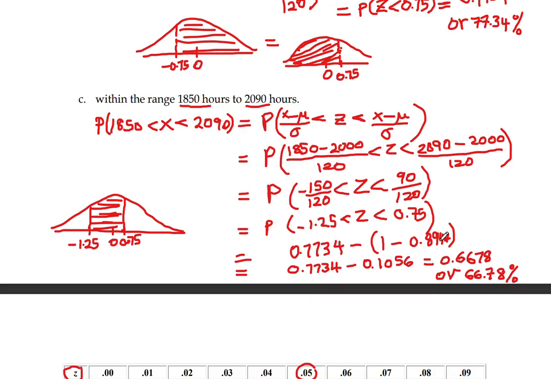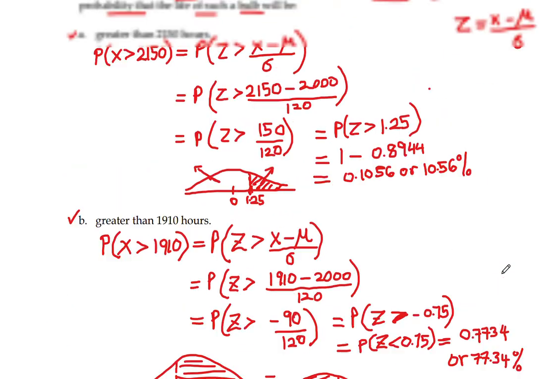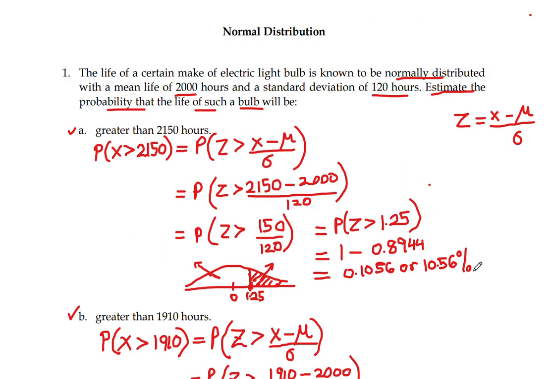So then we subtracted 0.8944 from 1, which gave us 0.1056, and then we subtract that from 0.7734, which gives us 66.78%. And so what we've looked at here are 3 very common applications of the normal distribution.